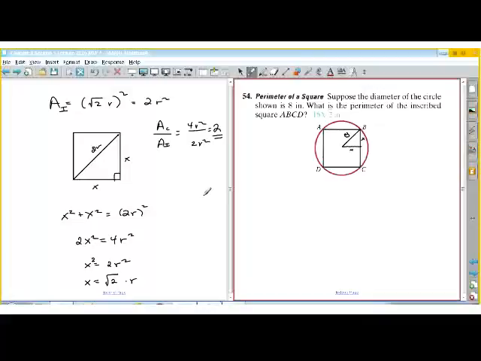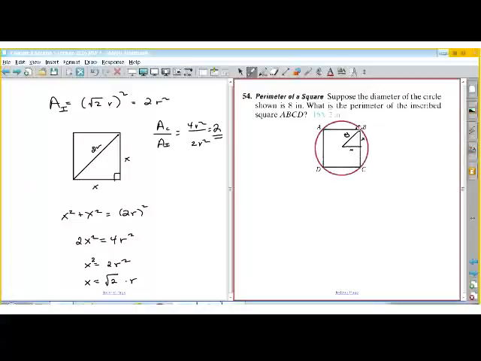This is 8. This would be x, and this would be x, because this is a square, so I know this half of side is going to be the same as half the distance here. So this side equals that side. So what I could do is I could use the Pythagorean theorem like I did here, and I could calculate x.